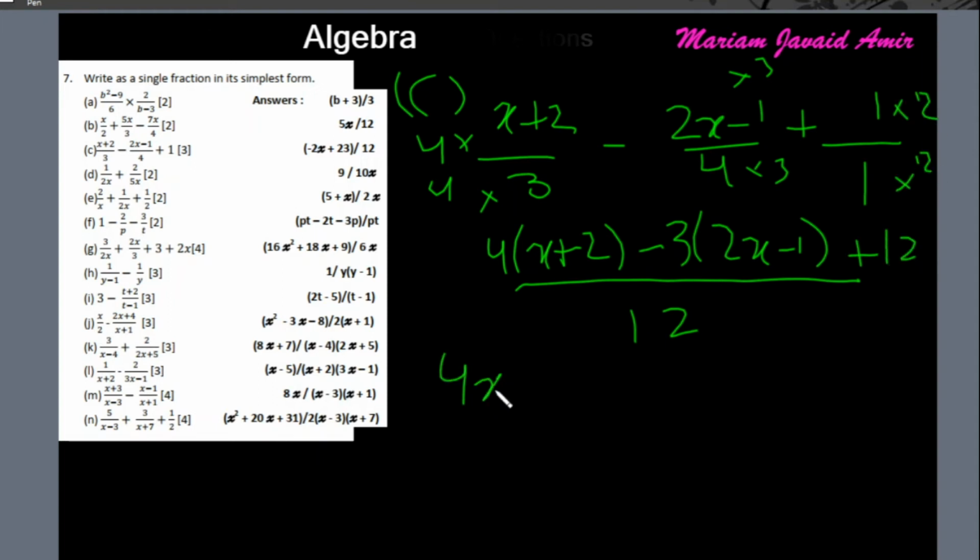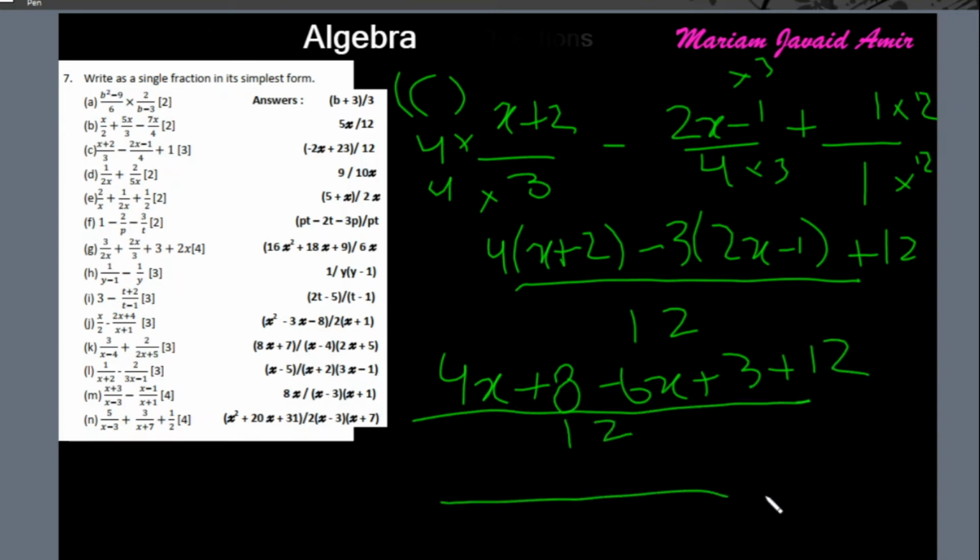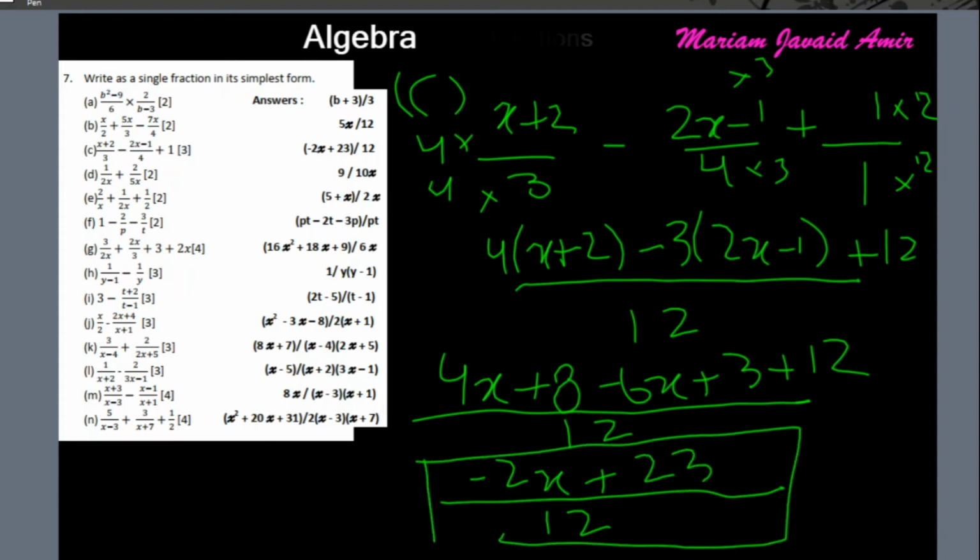Open the brackets, we get 4x plus 8 minus 6x plus 3 plus 12 over 12. So in the denominator we have 12, in the numerator we have minus 2x plus 8, 9, 10, 22, 23. Okay, so this is the answer for part C.